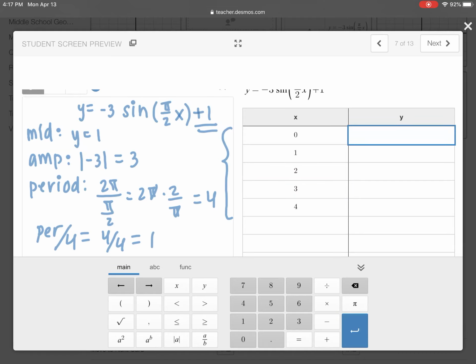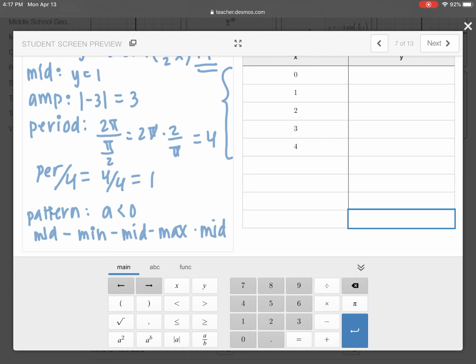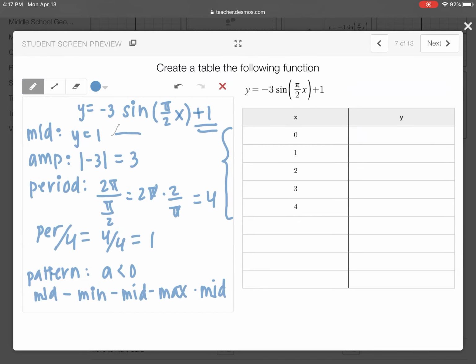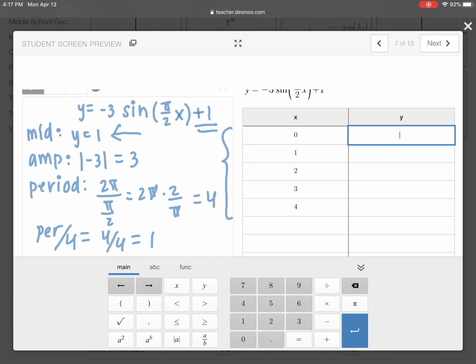Now your y values. We said over here we're starting at our midpoint. So at our midpoint, or our midline, here is your midline. So that's what is going to go over here. That is going to be your midline. And then you go to your minimum. Well, you know that your amplitude is 3.